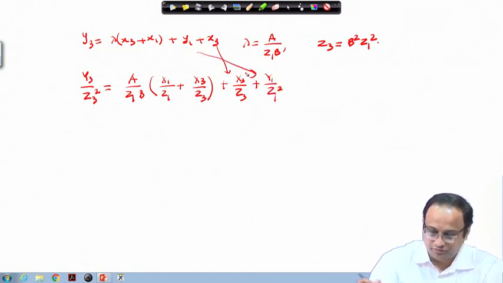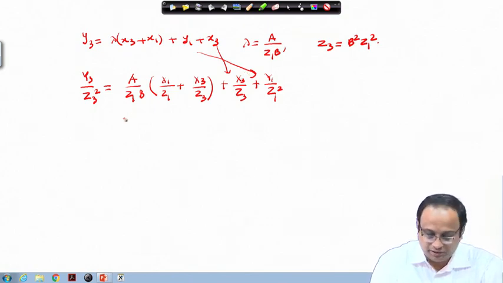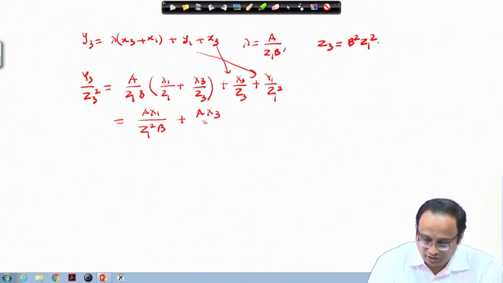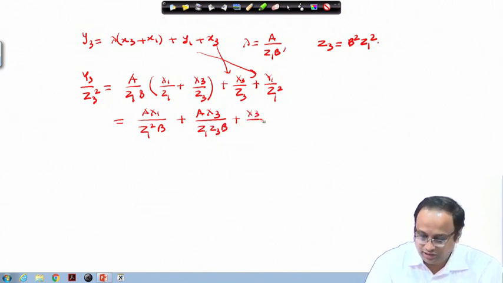So, that is from this term. Okay. So, therefore, now we essentially can break this up into parts. So, we can write this as a x1 divided by z1 square b plus a x3 divided by z1 z3 b plus x3 by z3 plus y1 by z1 square.